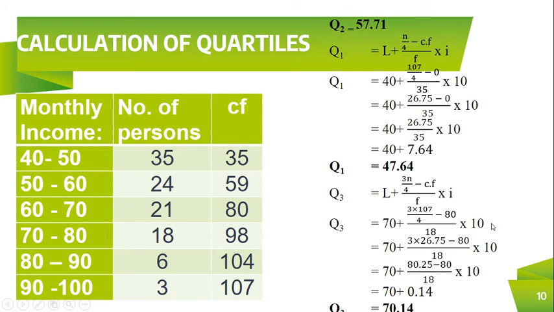So having substituted these values, we multiply 3 into 107, then divide by 4, we get it as 80.25. Subtract the CF and then divide by 18, the frequency, then multiply by the class size I. So you get 0.14 added to L which is 70.14.